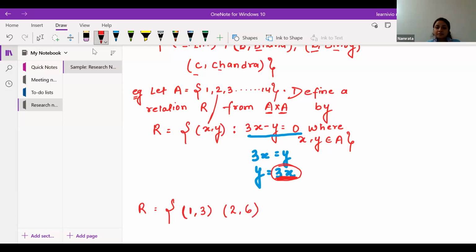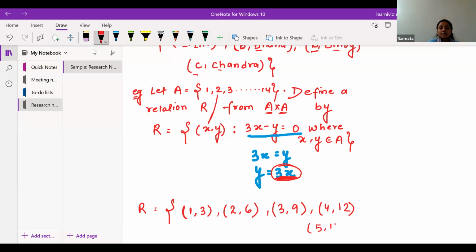Izan, can you tell me what will be the next ordered pair? 3 and 9. Next, 4 and 12. Next, 5 and 15. Can we take 15?